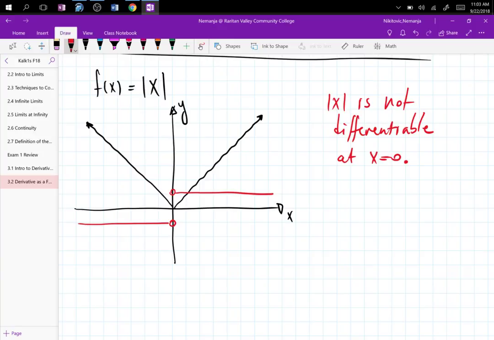And as you are going to see in Calc 2, we'll have a preview section on differential equations where you will learn that differential equations contain independent variable and then variables and their derivative functions and their derivatives, and their answers are functions.